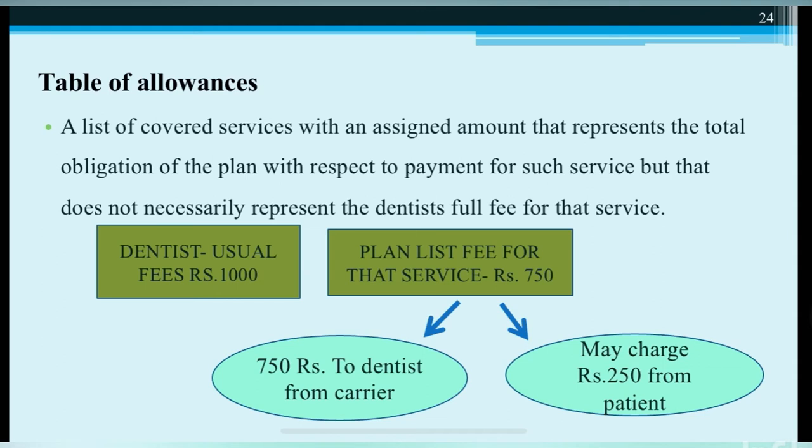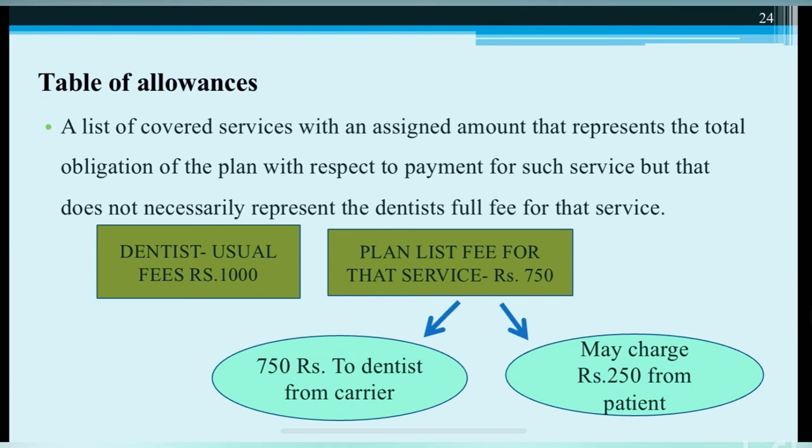So the dentist may or may not charge the rest: he can ask the patient to pay the remaining 250 rupees, or he may not. But 750 rupees is the amount he will definitely get for that particular treatment. So this is the table of allowances.